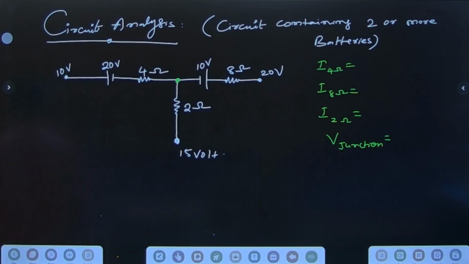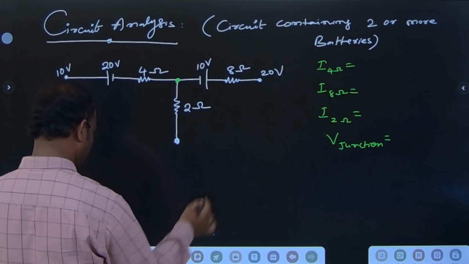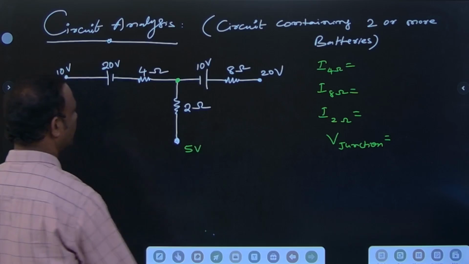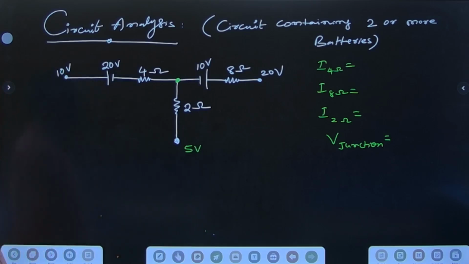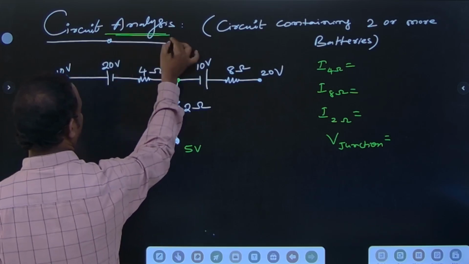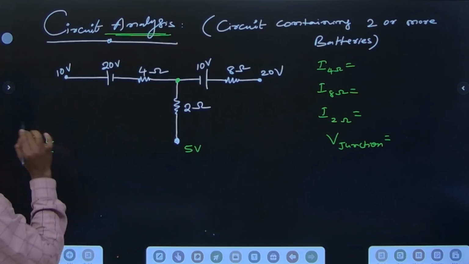These are the possibilities of questions. Now, for problem solving, you can use KVL, Kirchhoff voltage law. But the circuit analysis method is based on using KCL, such a simple one. I'm doing this.